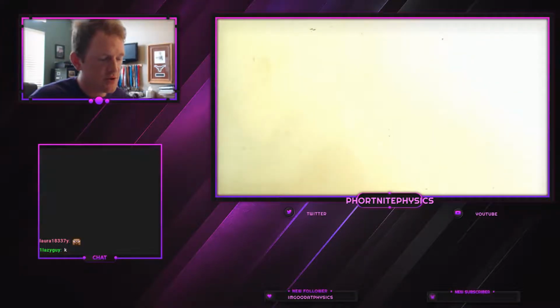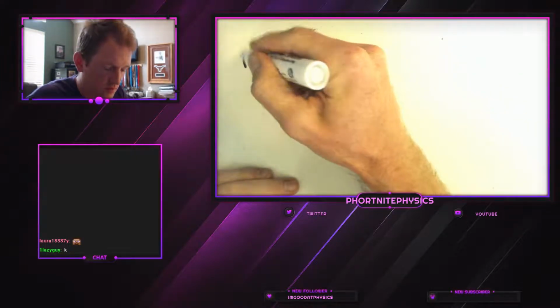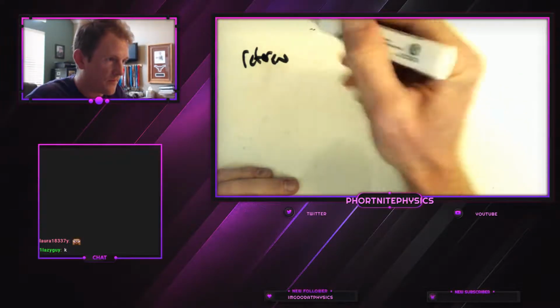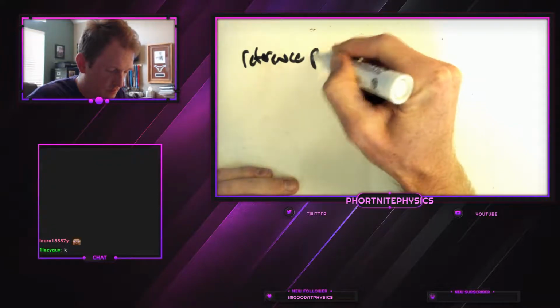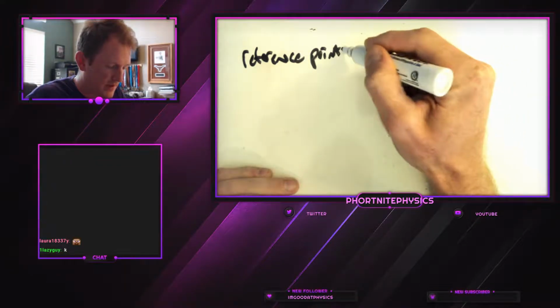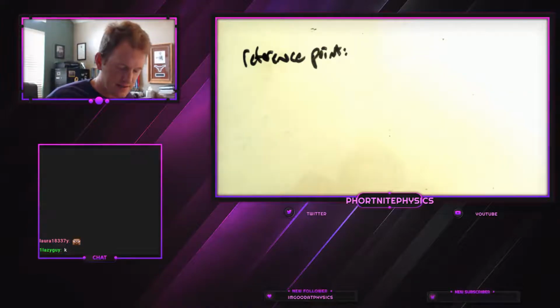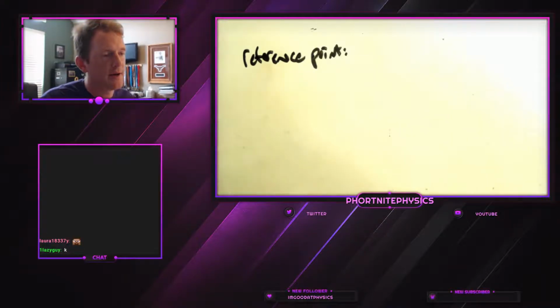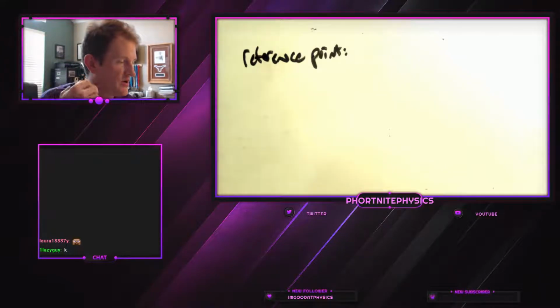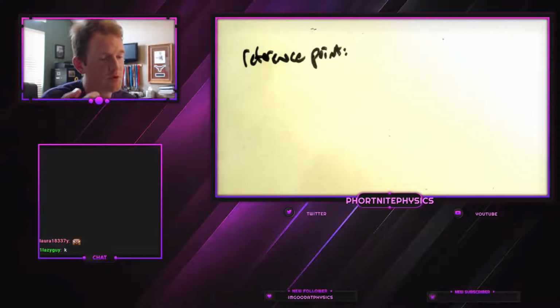Our reference point doesn't have any units, so that's why it's not listed as having any units. Our reference point is just the point from which we characterize all the rest of our movement. We just have to pick a place.